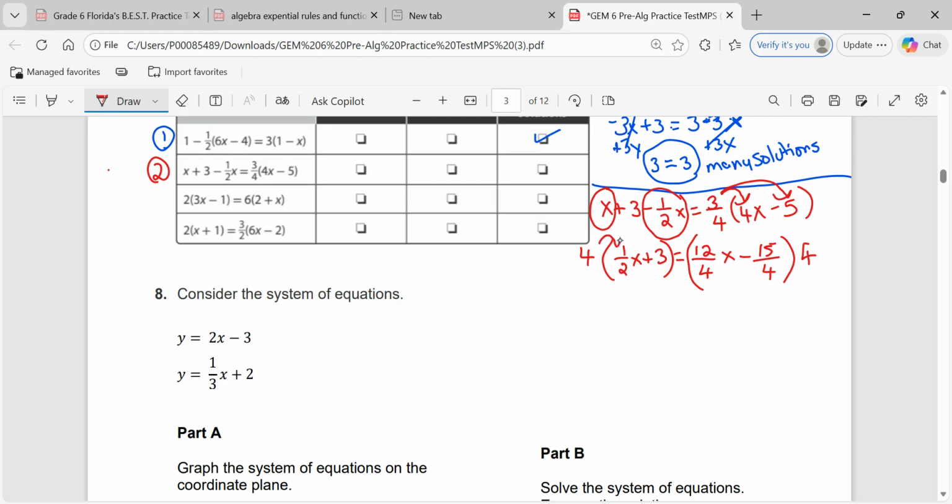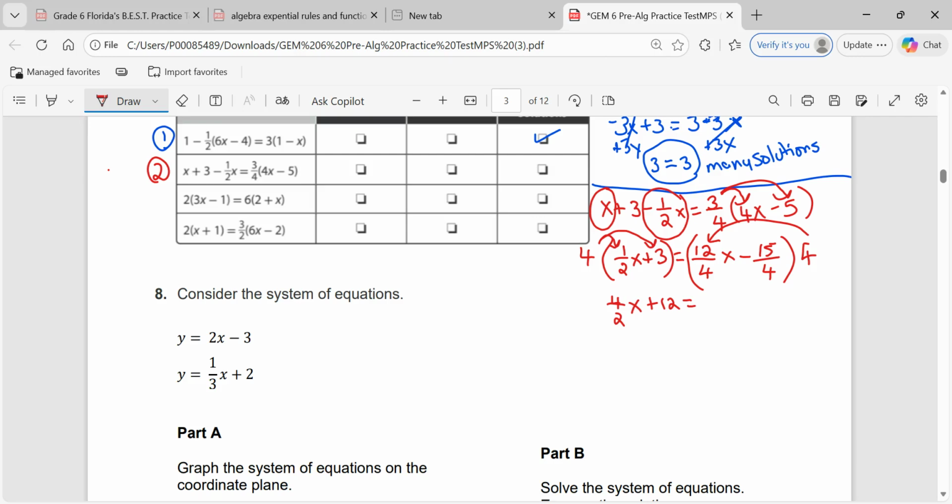Right? So when I distribute the 4, I'm going to get 4 over 2x. I know it's 2, but I just want you to see how exactly we're doing it. Plus 12 is equal to 4 times 12, which is 48. Oh, wait.